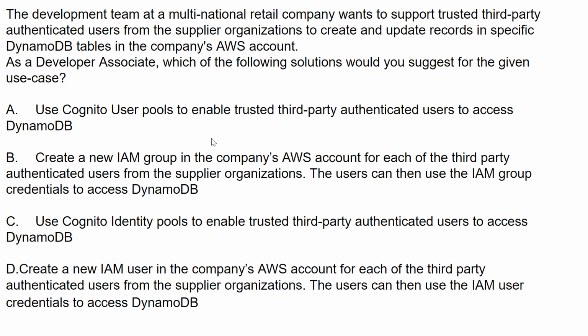A, use Cognito user pools to enable trusted third-party authenticated users to access DynamoDB. B, create a new IAM group in the company's AWS account for each of the third-party authenticated users from the supplier organizations. The users can then use the IAM group credentials to access DynamoDB.